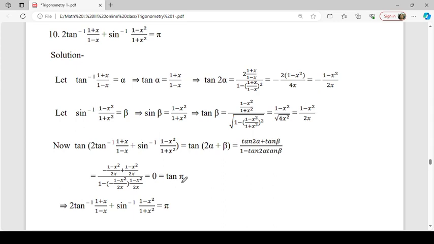We will write pi, not 0, because it is a sum of some values. We don't consider these as positive and negative, we consider them as some positive values, so it is equal to pi.